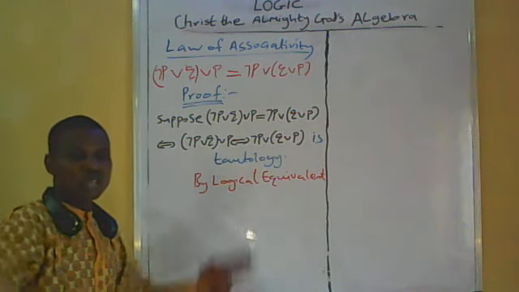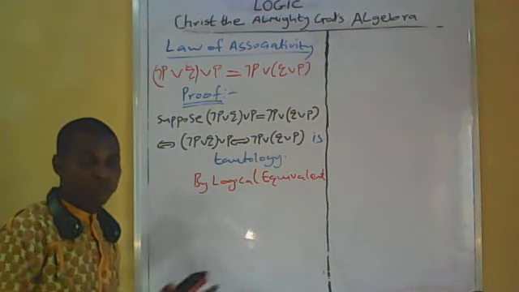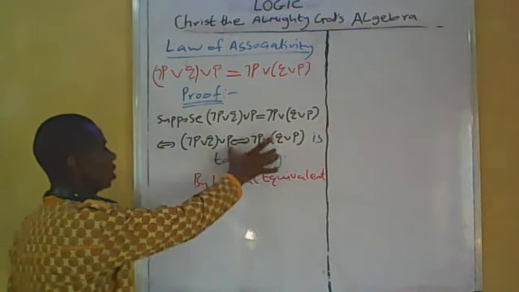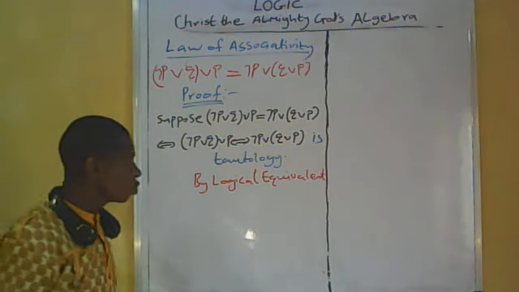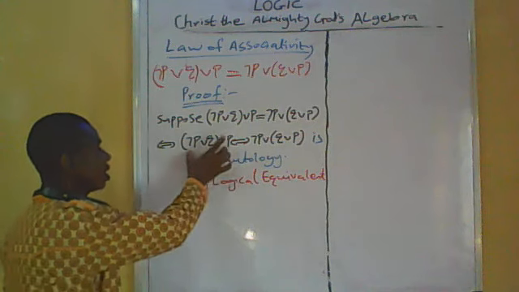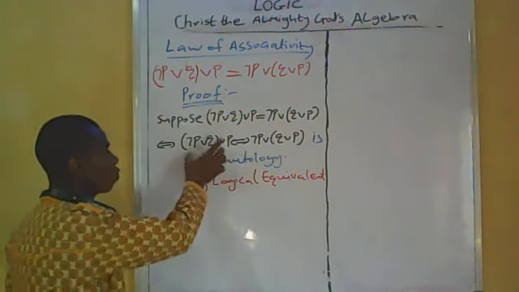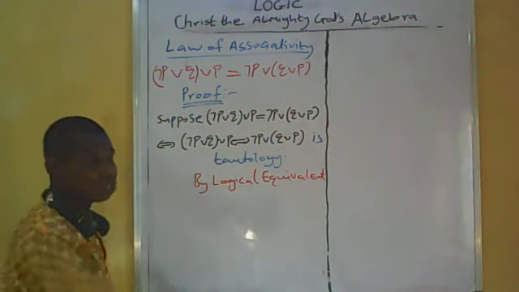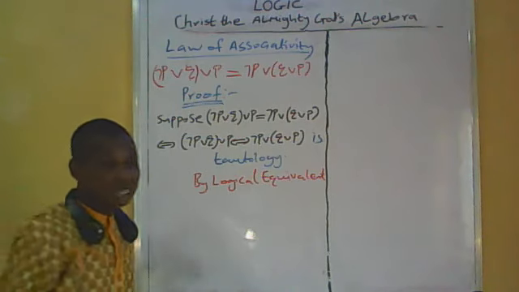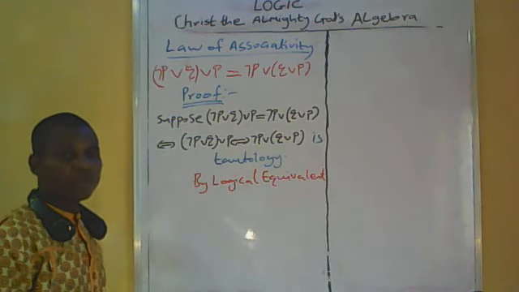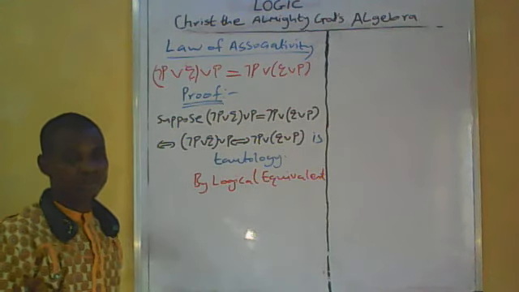That means always truth. In any evaluation, it will give us truth. There's no possibility of getting falsity in this statement. Always truth. Because whenever the right equivalent is false, also the left equivalent is also false. Whenever the left equivalent is truth, also the right equivalent is also truth. If that is the case, we say that it is tautology, being justified by logical equivalent.